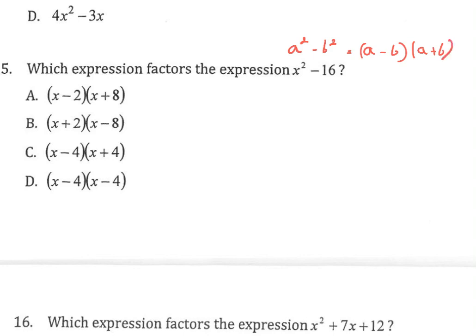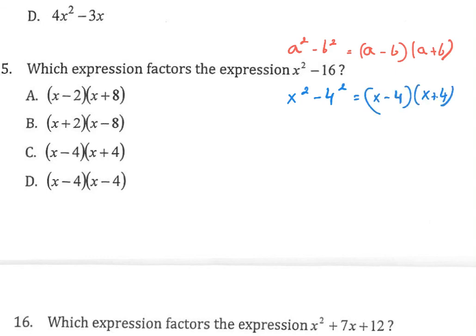And we know that 16 is a perfect square, so it's going to be x squared minus 4 squared, right? So in this case, a will be x, and b will be 4. So it's going to be x minus 4 times x plus 4.